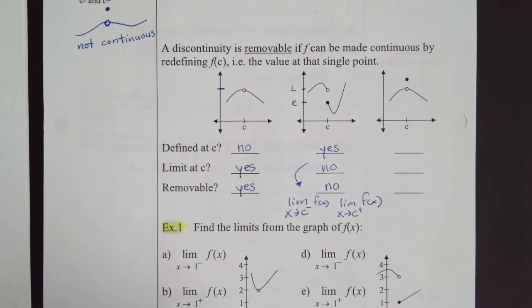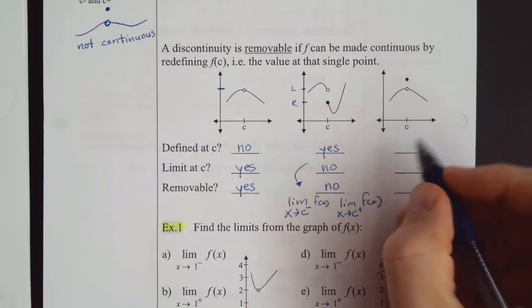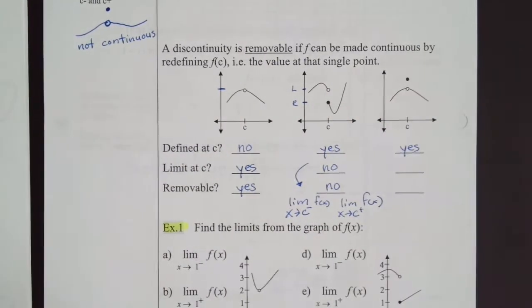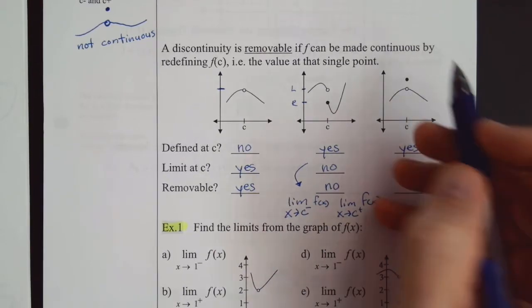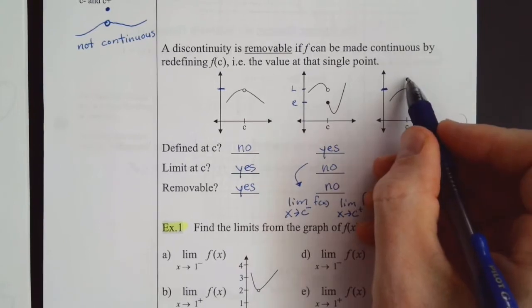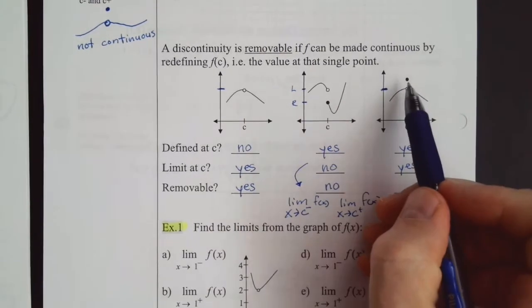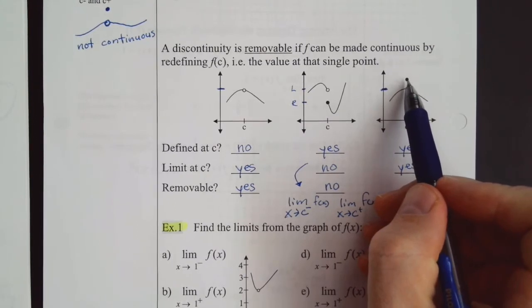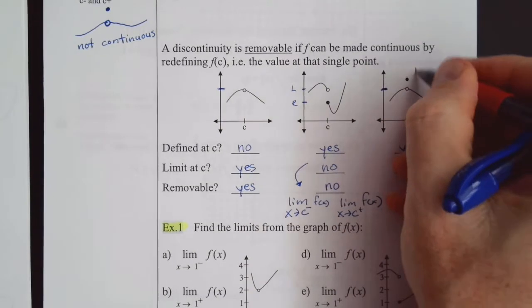Okay, is this function defined at C? Pause, answer. So yes, it is. There's a dot up there. Does the limit exist? Yes, the limit does exist. The limit is actually this, not that, but it does exist. That's just to distract calculus students. Don't fall for that. That's a trap.